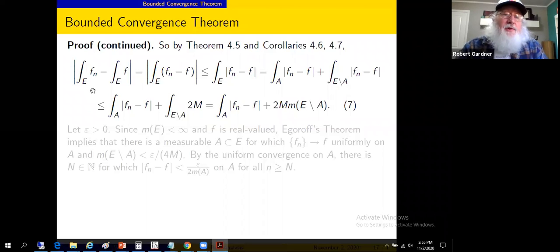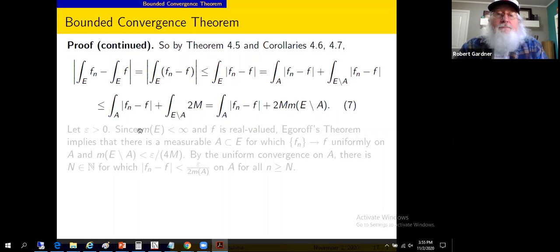The absolute value of this difference, here we've used the linearity, the integral of the difference, is less than or equal to the integral of the absolute value. Okay, that right there where the absolute values jumped on that integrand, that's corollary 4.7 that allows us to do that. Corollary 4.6 allows us to split things up, as we were just discussing, those with different functions.